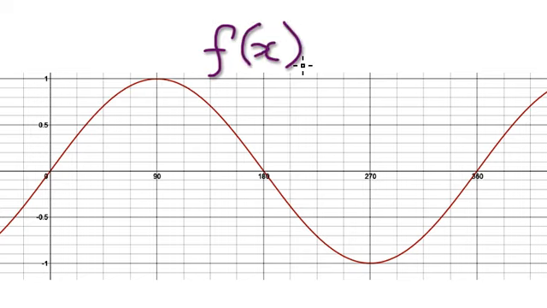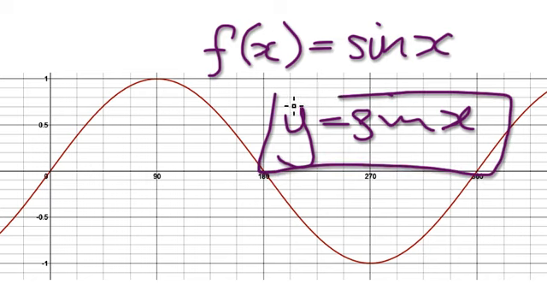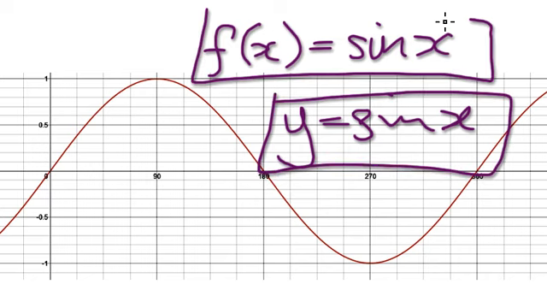This is just a way to convey that what you're about to see is a function. Now that you know it's a function, you know that this sine x does not go back on itself. We could write y equals sine of x, but because this is also a function, we can write this.